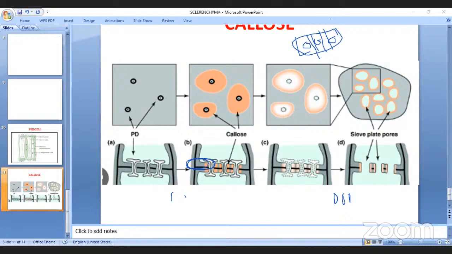It is stained readily with aniline blue or resorcinol blue. To identify callose, we stain with aniline blue or resorcinol blue. It forms the sheath around the connecting strands that pass through the sieve pores of the sieve plate, as you can observe in the diagram. Already given is the diagrammatic difference of sieve areas, sieve plates and sieve pores.